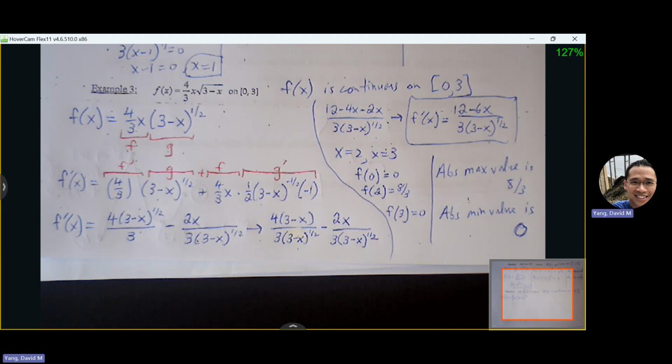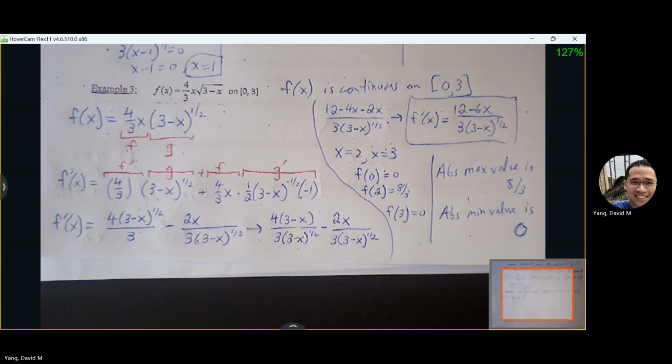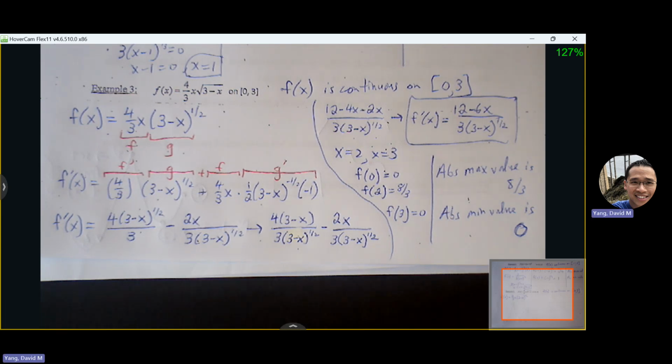Okay, any questions with extreme value theorem? Yes. Wait, say it again? As the same number of values... You mean like duplicate ones?